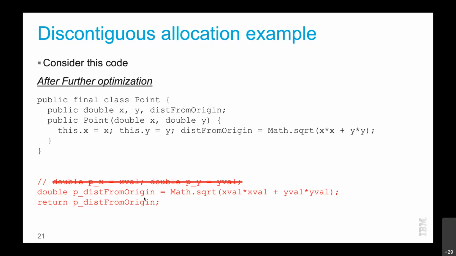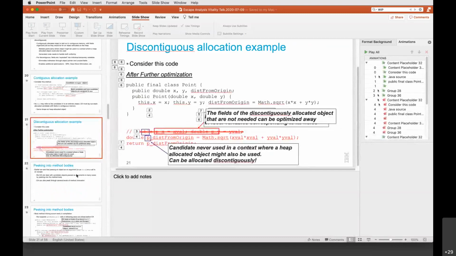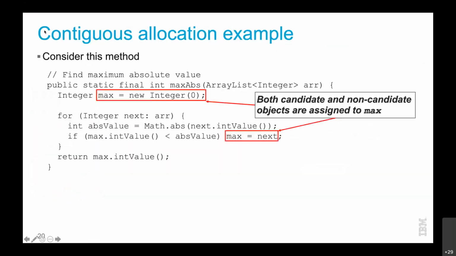So a contiguous stack allocated object layout is identical to the layout in the heap for an object of that type. So if the heap objects have a lock word, the stack objects will have a lock word. The only time that the layout is different is if we succeed in discontiguous allocation, in which case the header disappears and we blow it apart into its constituent fields as locals.